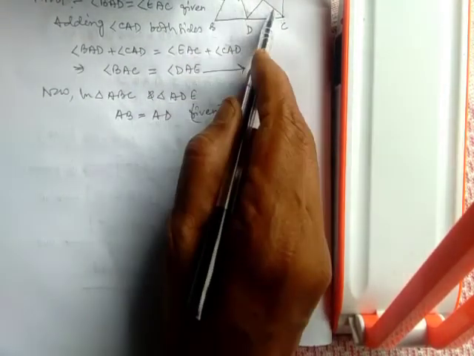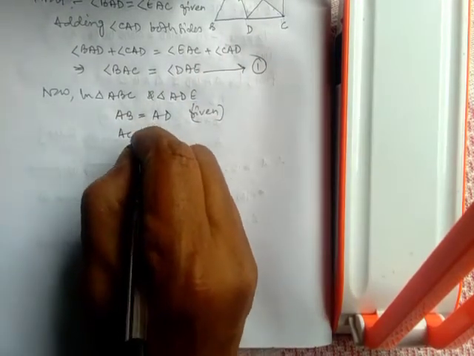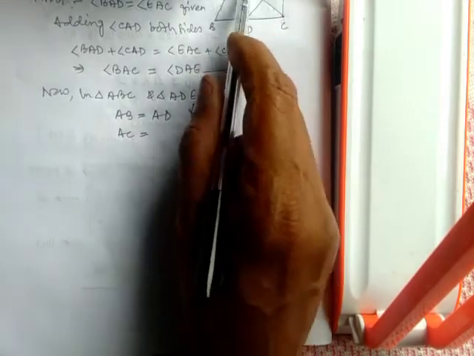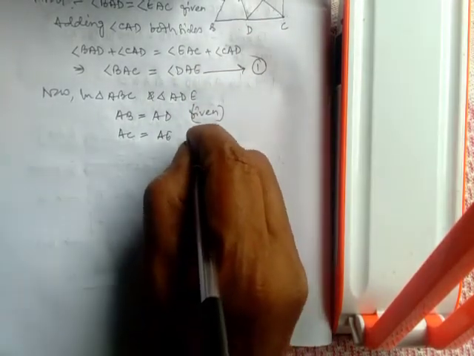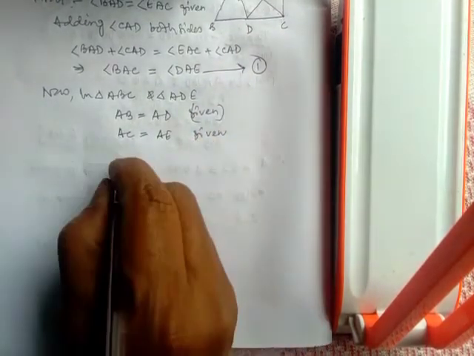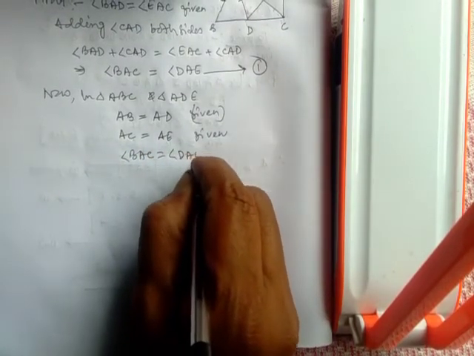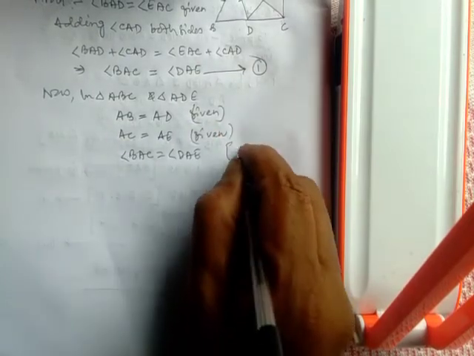In triangle ABC and triangle ADE, AC is equal to AE, given. Angle BAC is equal to angle DAE. This is from 1.